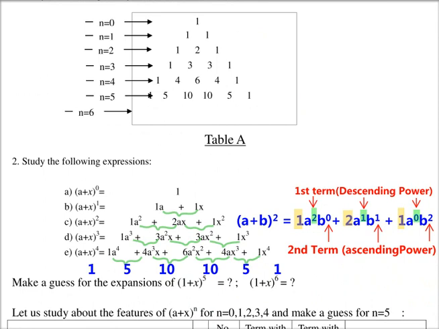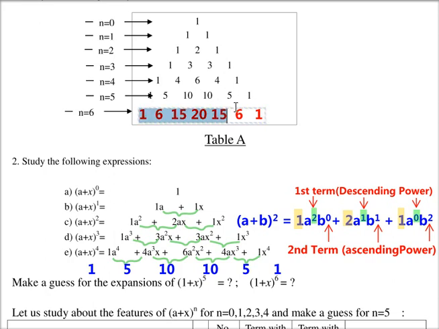You write down 1, 6, then add the two numbers above to get the one below. So it's 1, 6, 15, 20, 15, 6, and then 1. All the coefficients are already finished.